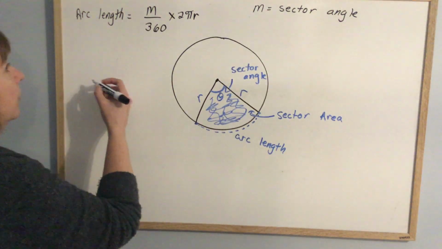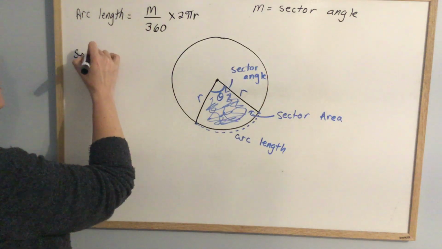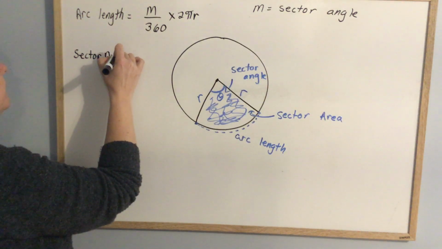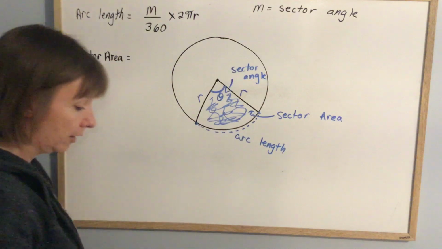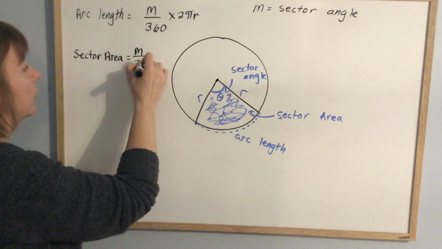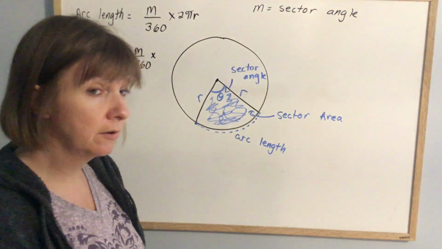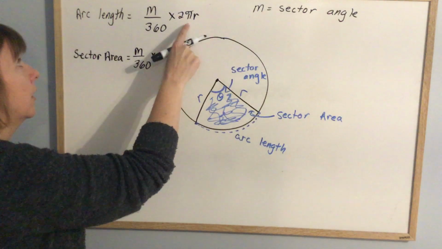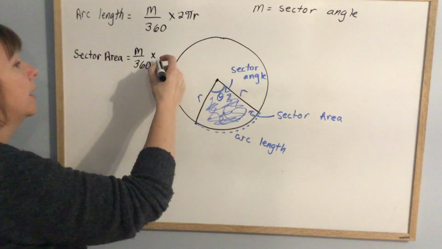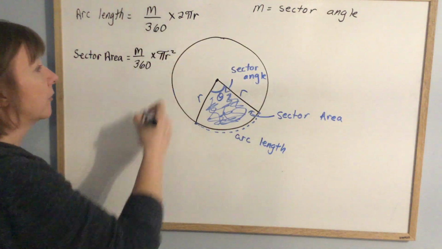Now, what if you want to know the sector area? There's a formula for that as well. It's very similar. It's just m over 360, but because this time it's area, rather than the circumference, the length around the outside, we use the full area of the circle, which is pi r squared.